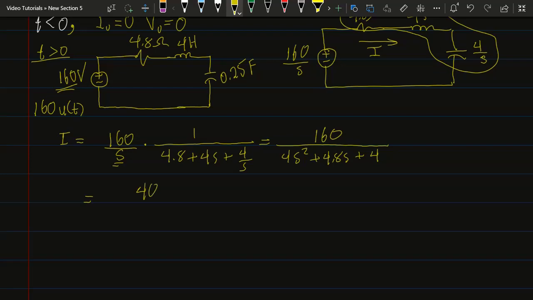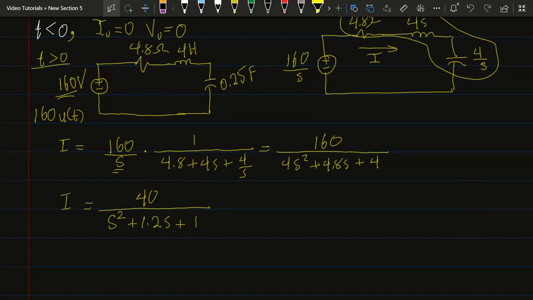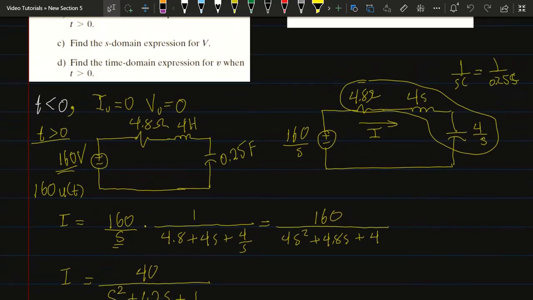So I get 40 in here. And then in the denominator, I have s square plus 4.8 over 4, which is 1.2 s, and this should be plus 1. So this is now my I in the Laplace domain. So this is now the answer in Laplace domain, and this is the answer for part A.